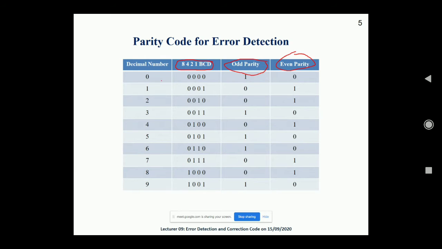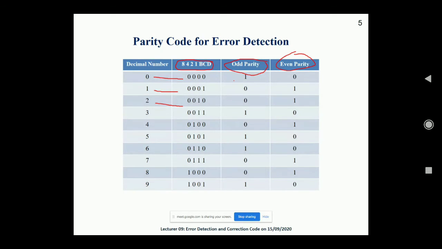And 0 we represent in BCD this way, 1 this way, 2 this way. See here, when odd parity is generated, the number of 1s is odd. Here, how many ones?